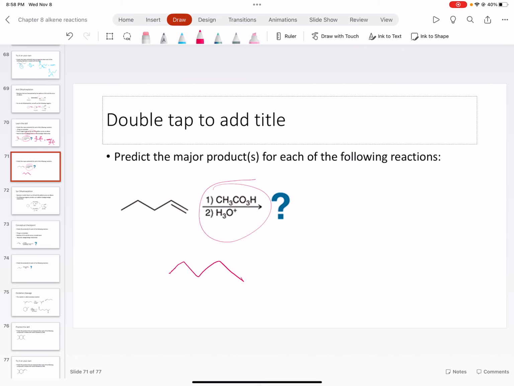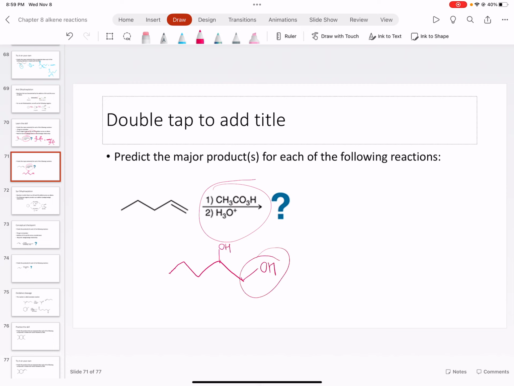Okay, so since we're going to add OH on one side and OH on the other side, you have to consider the wedge and dash relationship. You don't really have to specify if it's not a chiral center. So here will be like this, and then it will be like this if it was flat.